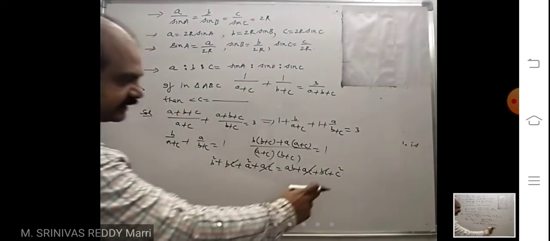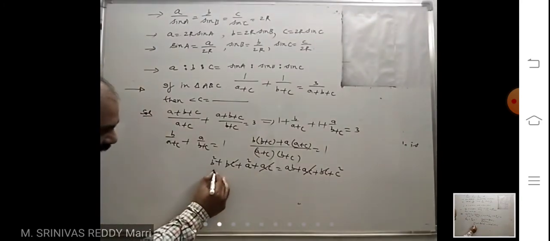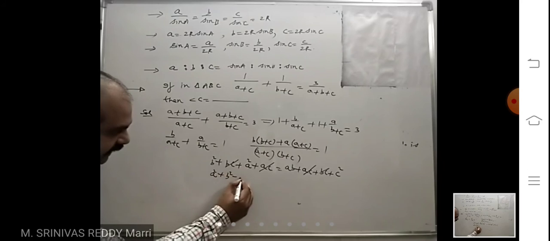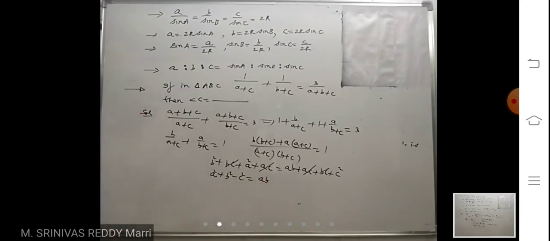Now this c² I am bringing to left hand side. That means a² + b² - c² = ab.